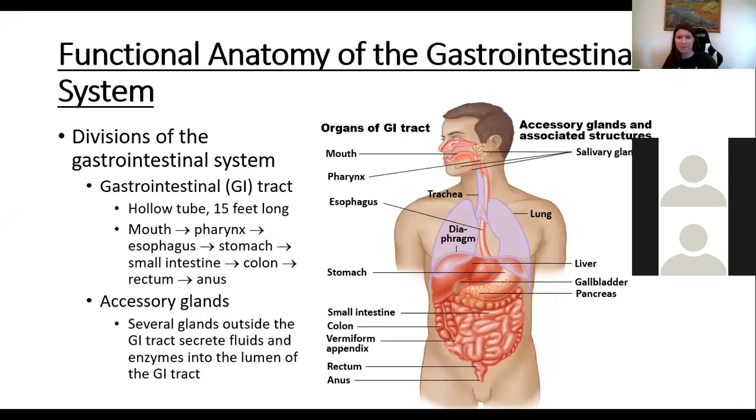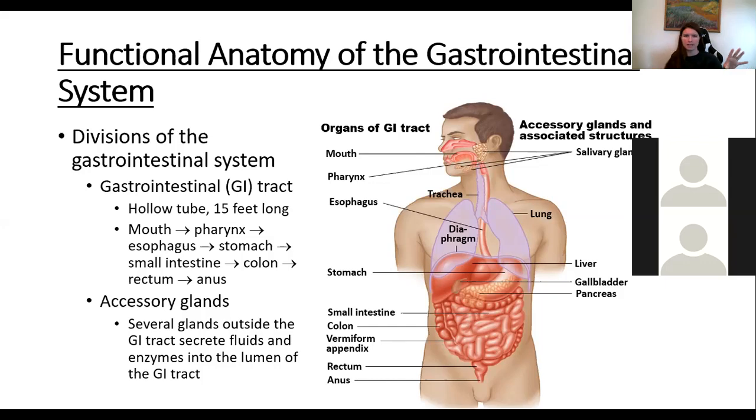We're just talking about the different parts. So when we talk about the GI system, we're talking about the path where your food moves. So like the path that food takes from your mouth out your rectum, eventually, your byproducts, right?